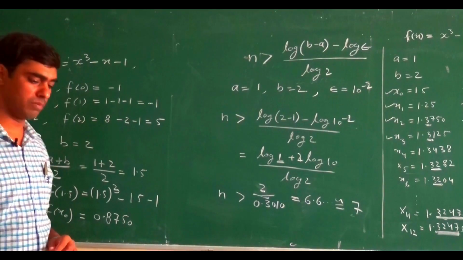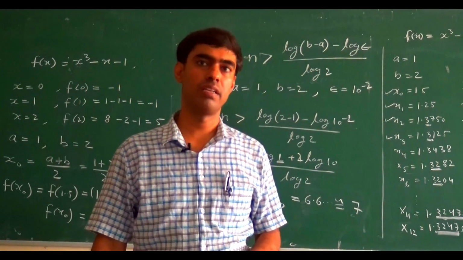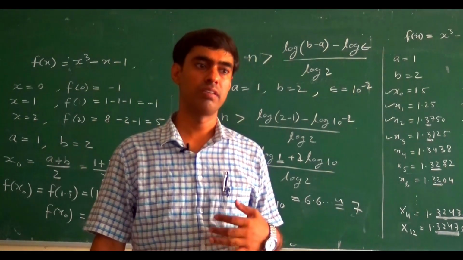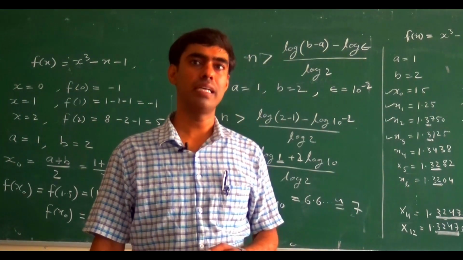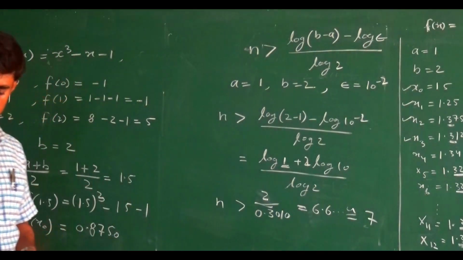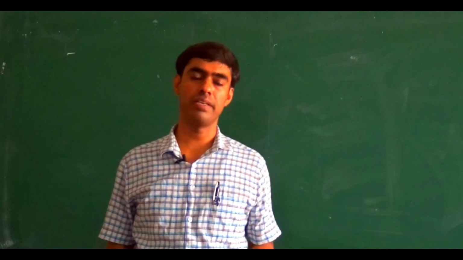Now we try to solve a numerical example of the bisection method, that is, with the help of the bisection method how we solve a transcendental equation. So first of all, we write an example.